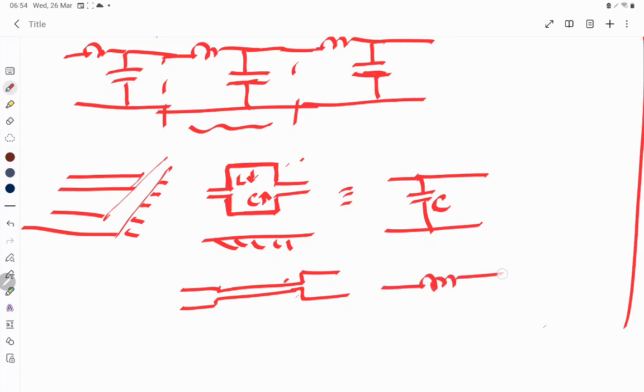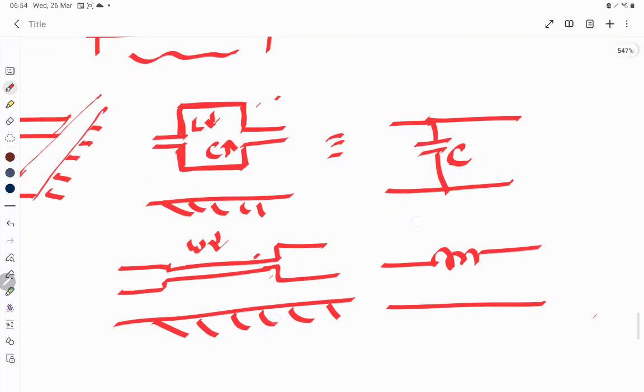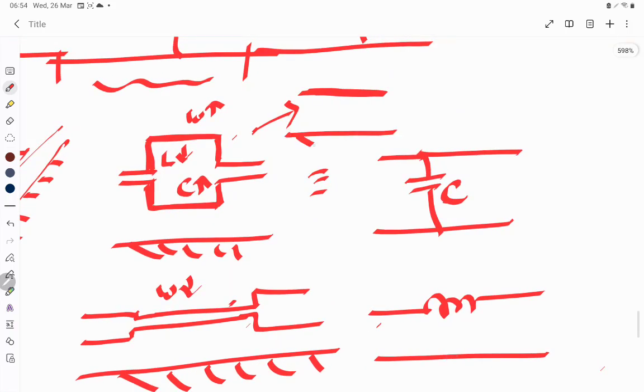This is a series inductor. Here we have decreased the width, and here we have increased the width, so this is a capacitor. To understand, we have increased the microstrip top conductor and at the bottom there is a ground. So obviously, from the capacitor formula epsilon A by D, we have increased the A dimension between the top conductor and the bottom conductor, so it gives rise to your capacitance value.